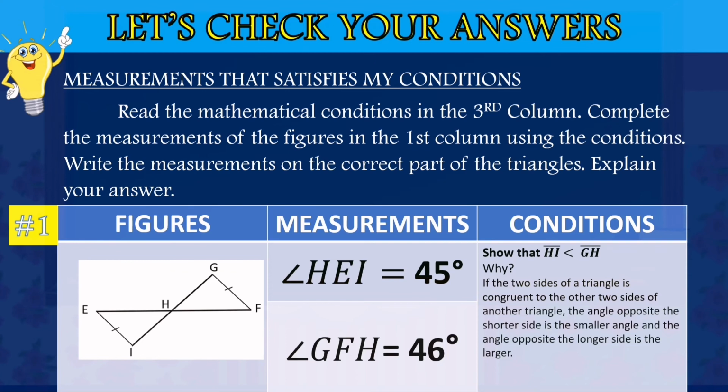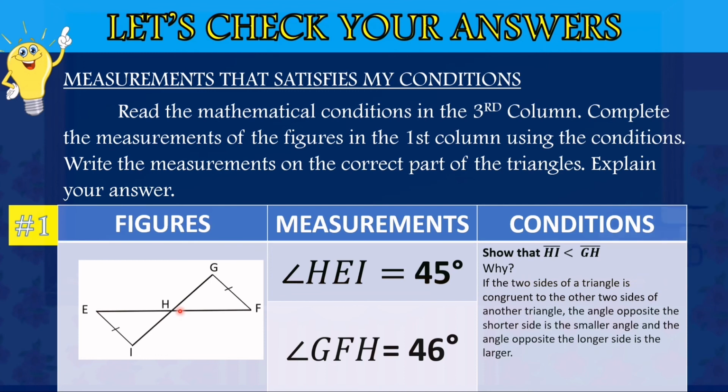Okay, let's check your answers. So for number 1, okay, your answer is correct. We have angle HEI is equal to 45 degrees to show that HI is less than GH, wherein angle GFH is equal to 46 degrees.